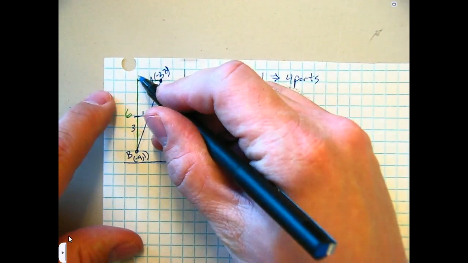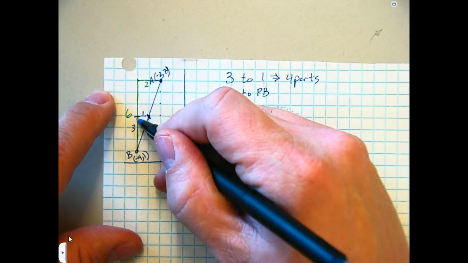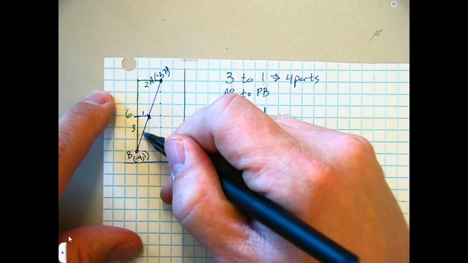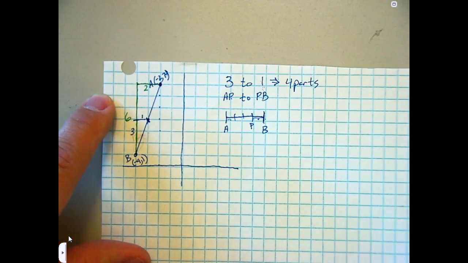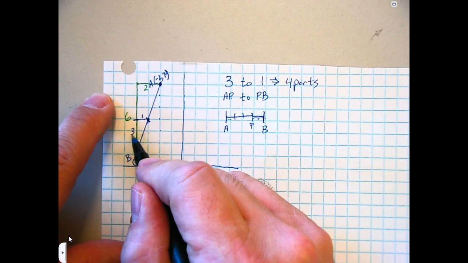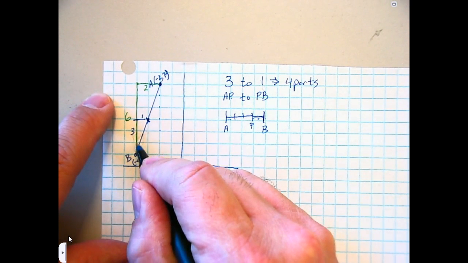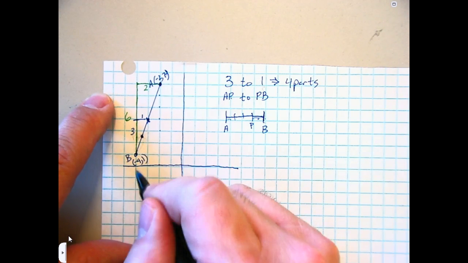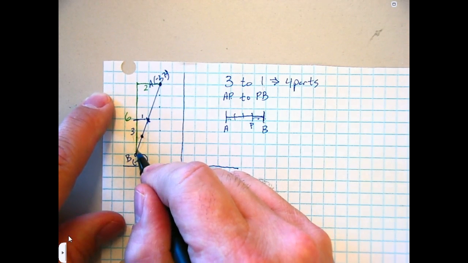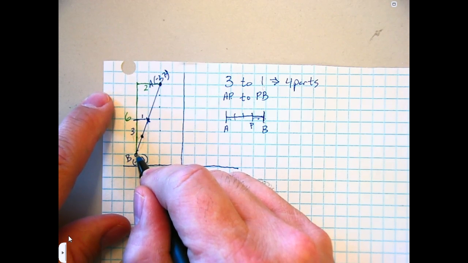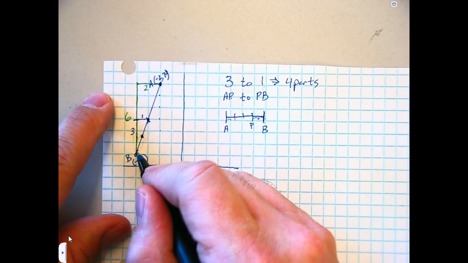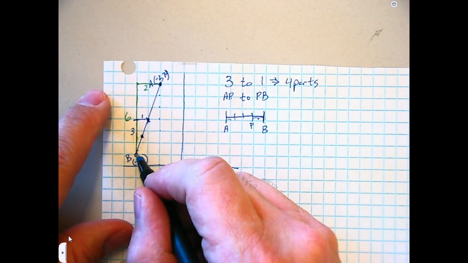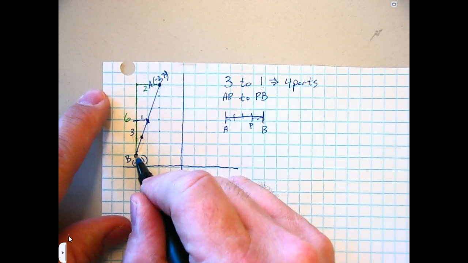We rose 6, ran 2, so to find halfway, we ran up half of it. Up 3 over 1. So how could we go up and get to there now? Take half of 3 and half of 1. So rise how far? 1.5 and run 0.5. Well, if I rise 1.5, where am I rising from? When I'm talking about rise, am I talking about X or Y? I'm talking about Y. So where am I at currently on Y?